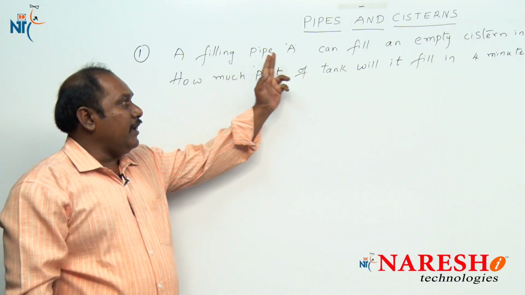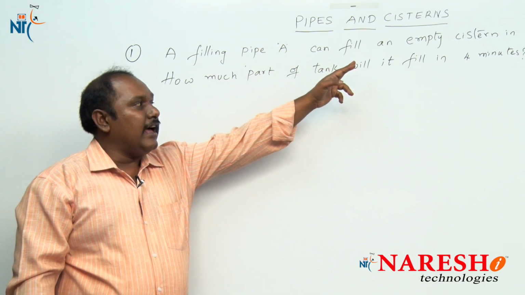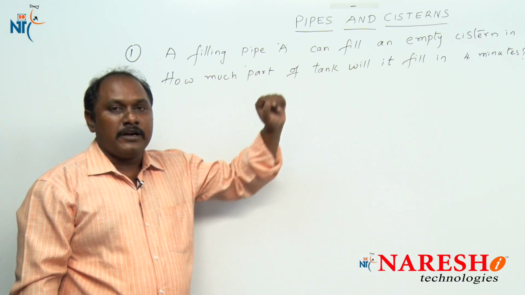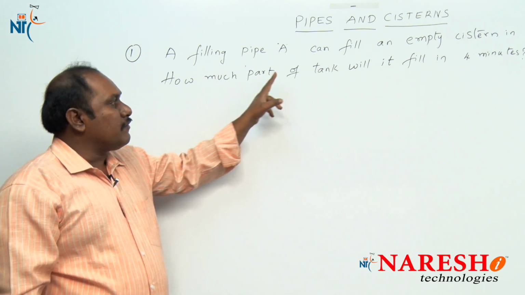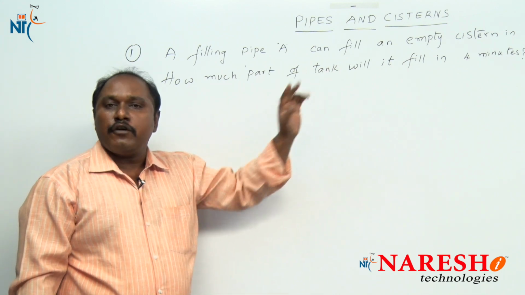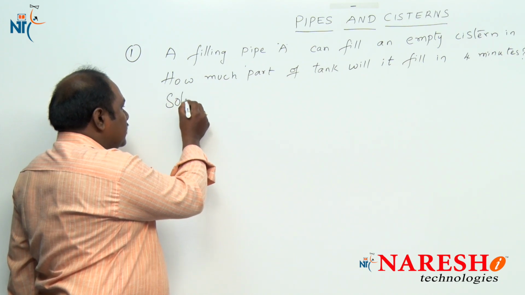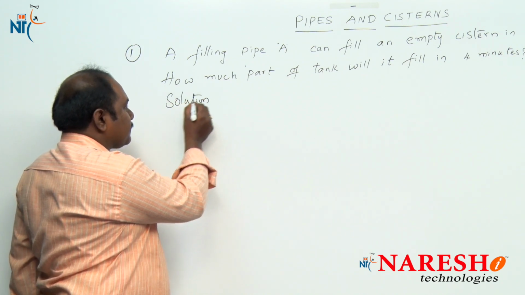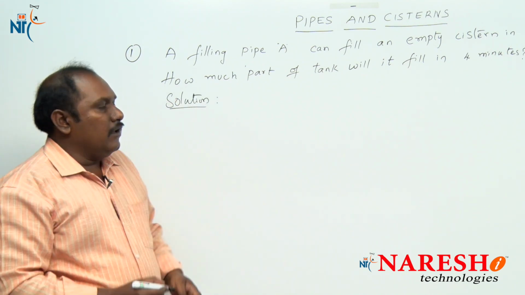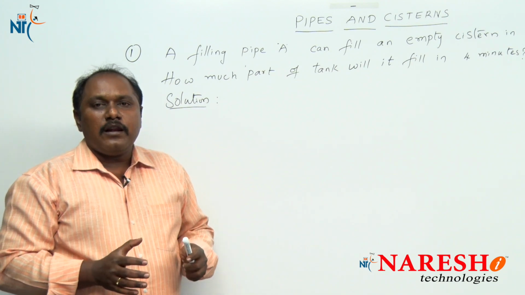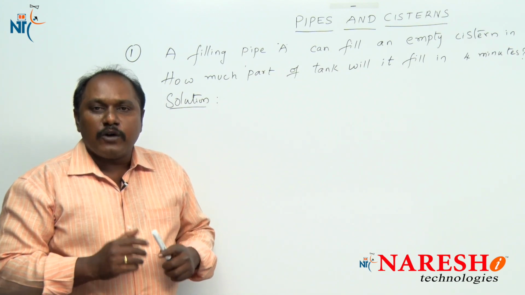A filling pipe A can fill an empty cistern in 12 minutes. How much part of the tank will it fill in 4 minutes? Now looking into the solution for this simple basic problem. A filling pipe can fill an empty cistern in 12 minutes.